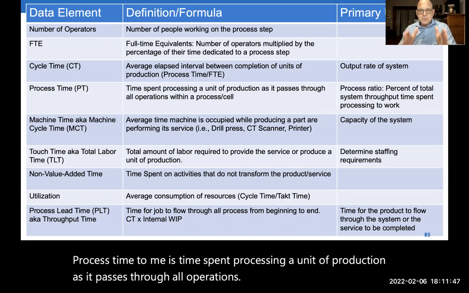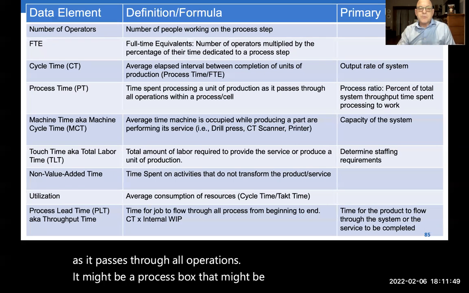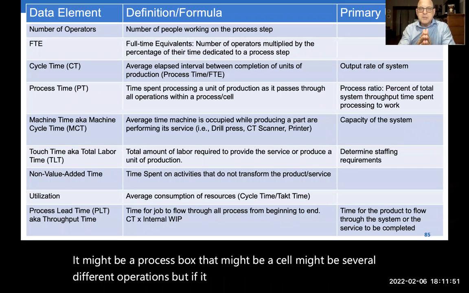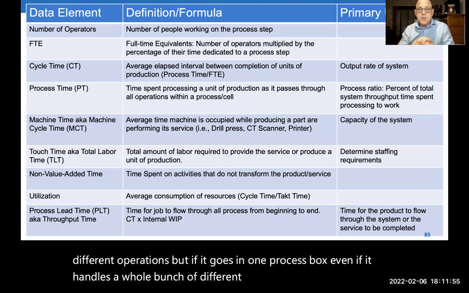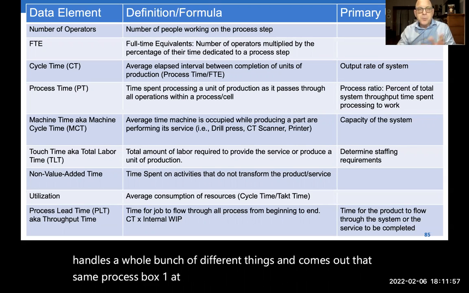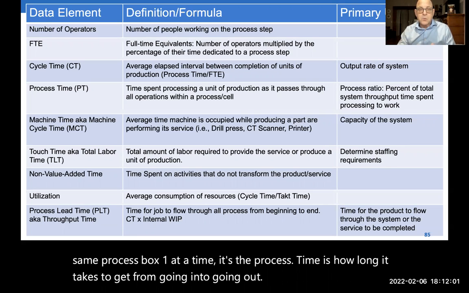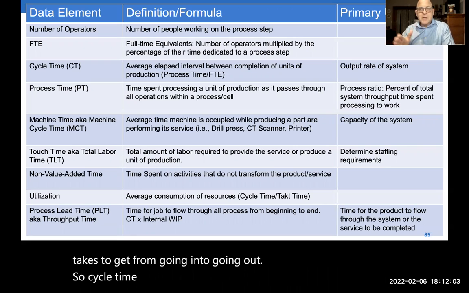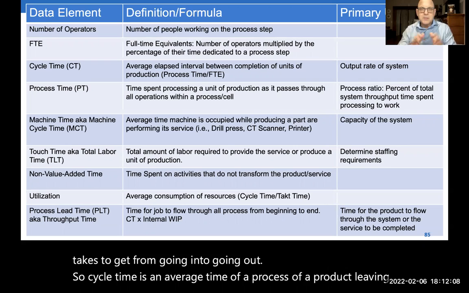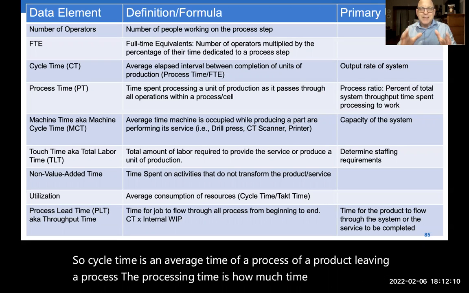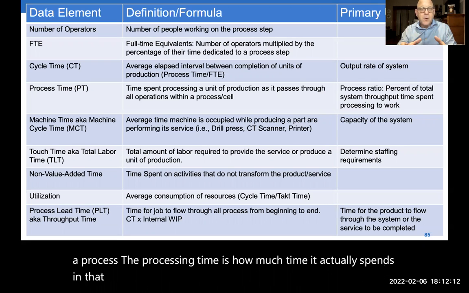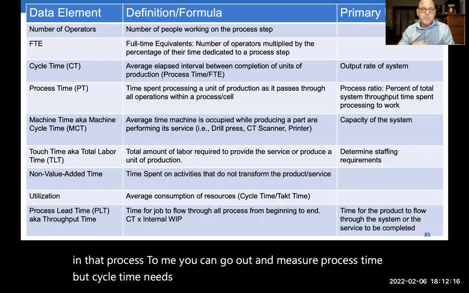It might be a process box, a cell, or several different operations, but if it goes into one process box and comes out of that same process box one at a time, the process time is how long it takes to get from going in to going out. So cycle time is an average time of a product leaving a process, while processing time is how much time it actually spends in that process. To me, you can go out and measure process time, but cycle time needs to be calculated.